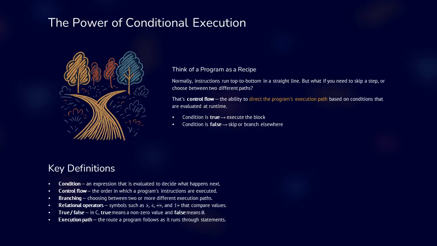True or false. In C, true means non-zero value and false means 0. So in C, true or false is basically a Boolean value where true means 1 and false means 0. Execution path, the route a program follows as it runs through statements.